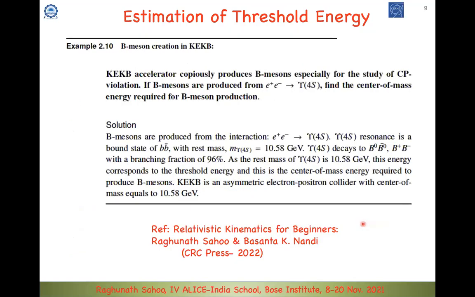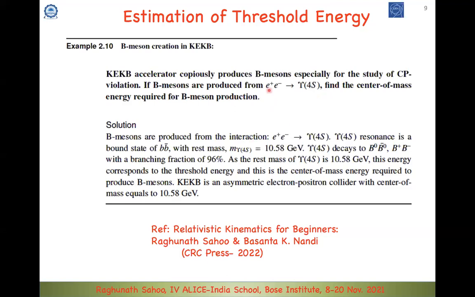Another example I have taken from the KEKB factory, where B mesons are produced copiously to study the CP violation process. Since in the final state you have only Upsilon 4S, its energy will be the threshold energy, and that is what I will show you in the conversion of center of mass energy to lab energy and vice versa.